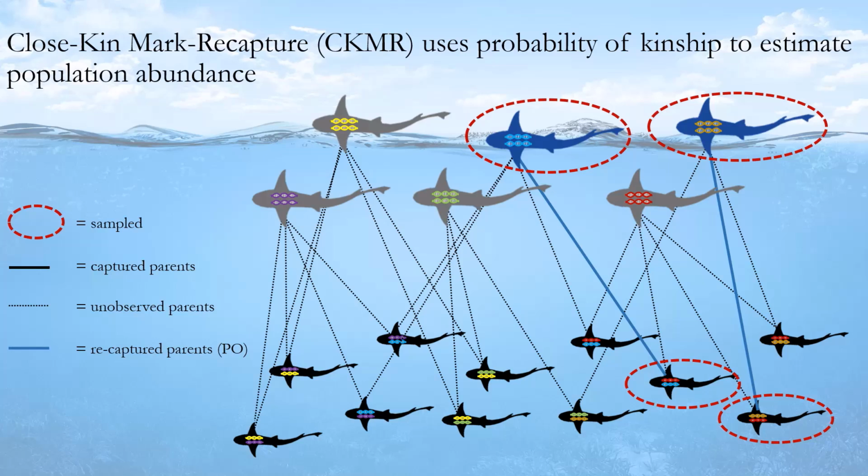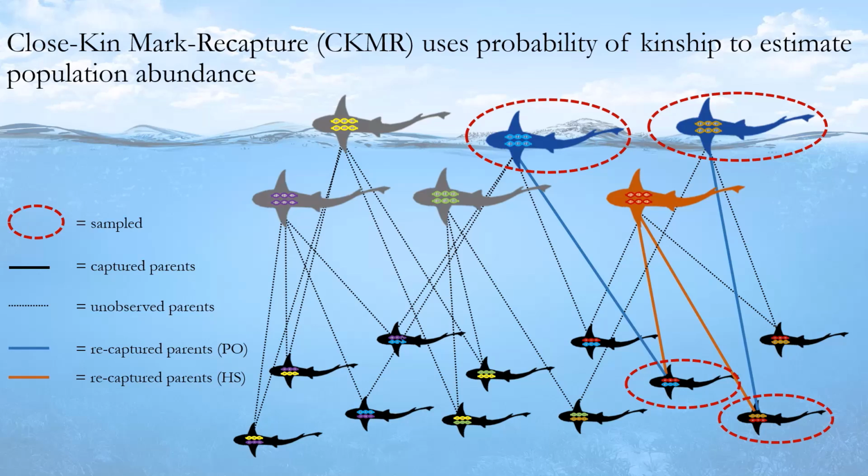In addition, eagle-eyed folks might have noticed that the 2 sampled juveniles are also related as half-siblings. So in the CKMR framework, this means that we have caught and recaptured the genotypes of these 3 adults. If the population was large, we would expect to find fewer relatives. In other words, we would have fewer recaptures of the adult DNA than if the population was small. That's how CKMR works intuitively. And we can absolutely combine different kinship probabilities to increase the power and potential of our model.